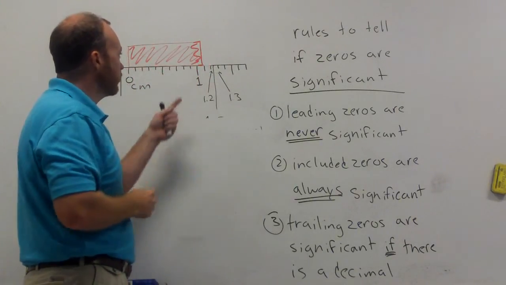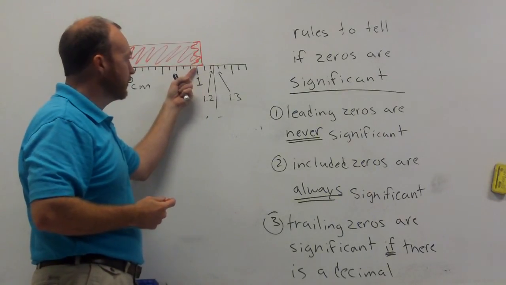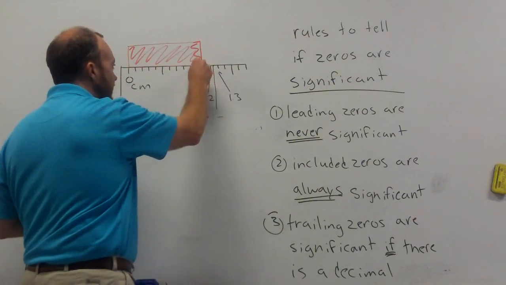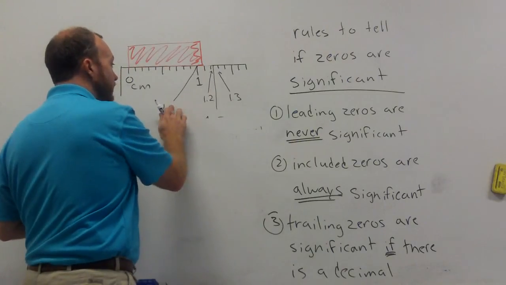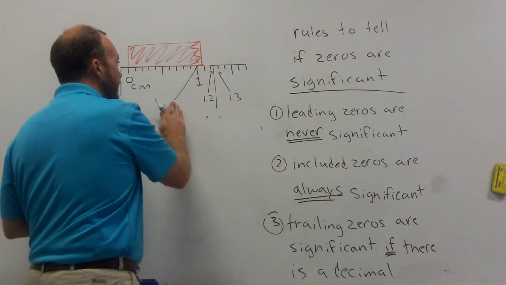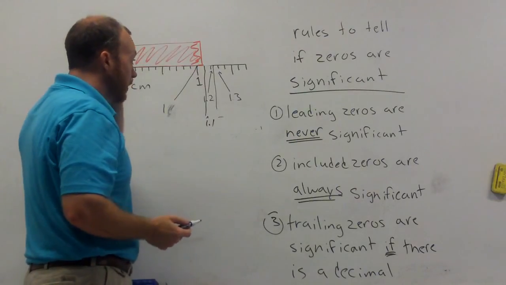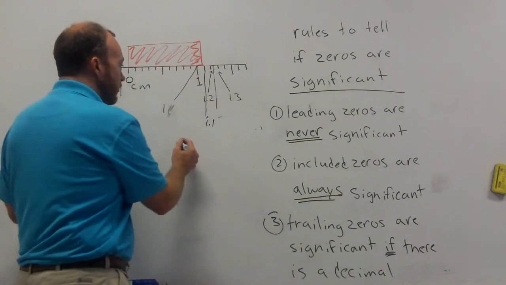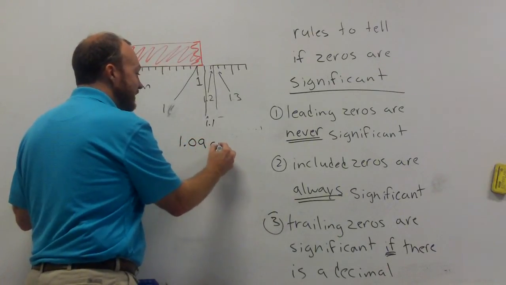I can tell for sure that it's more than 1 centimeter. I can also tell for sure that this is in between 1 and 1.1. So I know that this is at least 1 centimeter, but not quite 1.1. So I want to estimate. Well, it's way closer to 1.1 than it is 1, so I'm going to estimate that it is 1.09 centimeters.